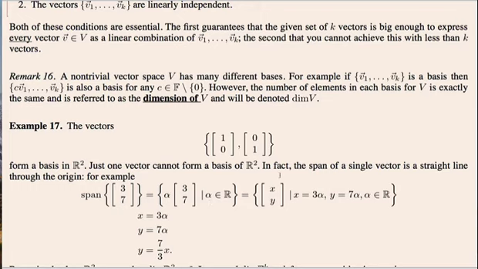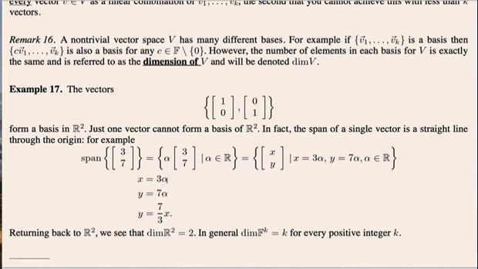So that means this is the set of all (x, y) vectors such that x is 3 alpha and y is 7 alpha, and alpha is some real number. If you write this out as equations, x equals 3 alpha, y equals 7 alpha, then you can solve, for example, the first one for alpha.